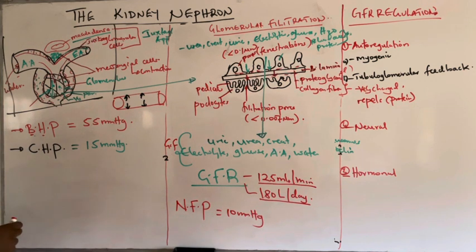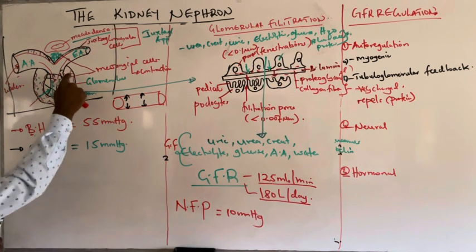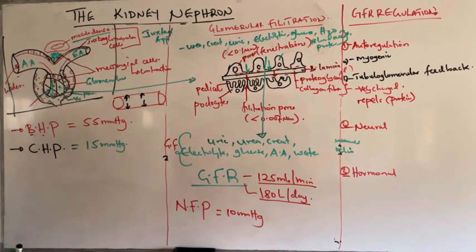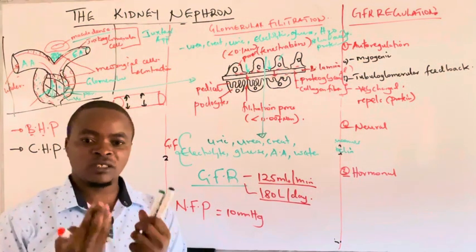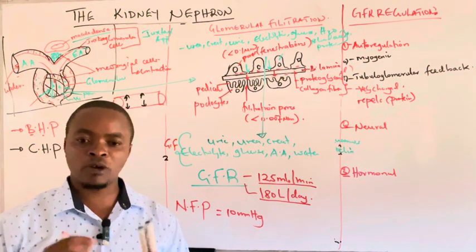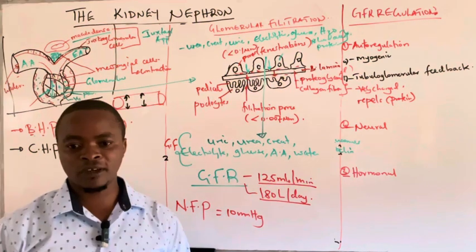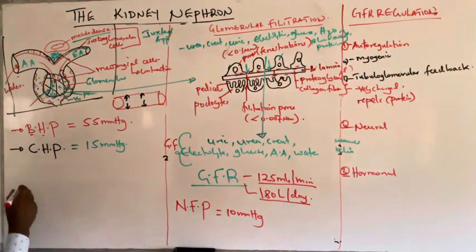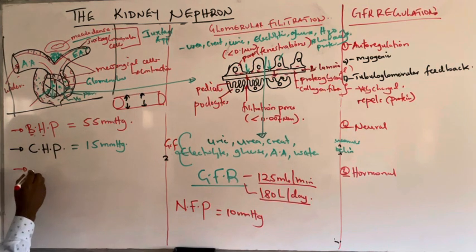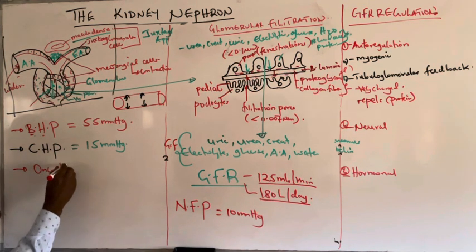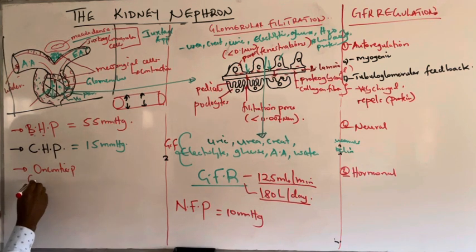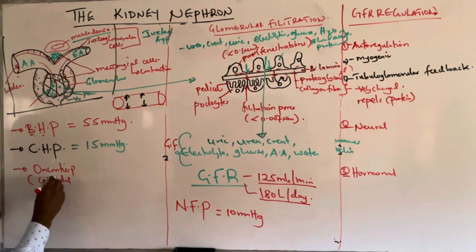Then we know that at the same time there is what we call the oncotic pressure. There is albumin, and this albumin is causing what we call the oncotic or osmotic colloidal pressure. You can call it plasma oncotic pressure or plasma colloidal pressure.